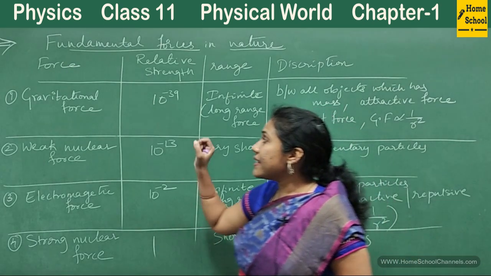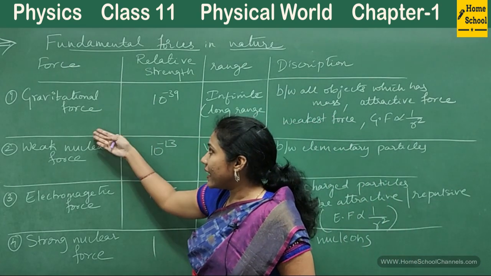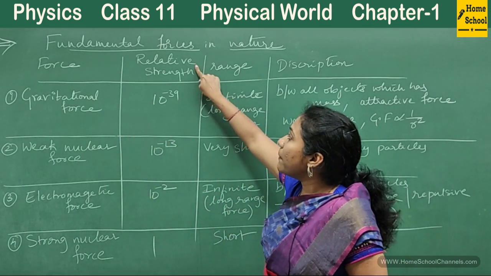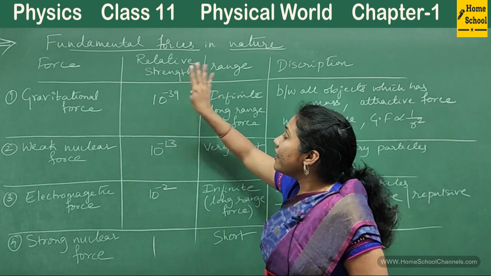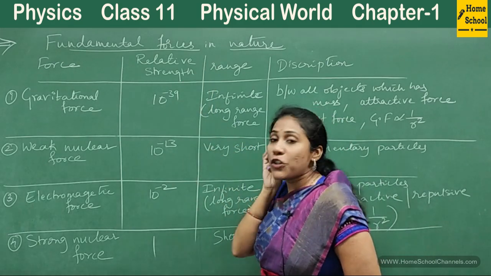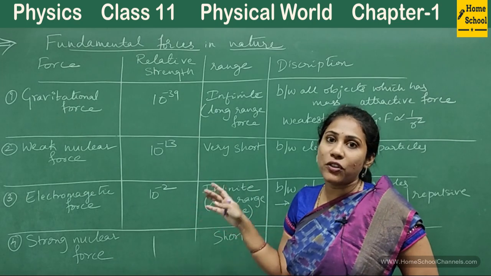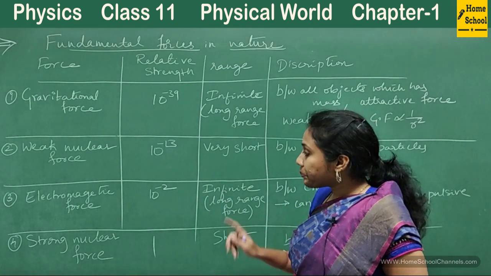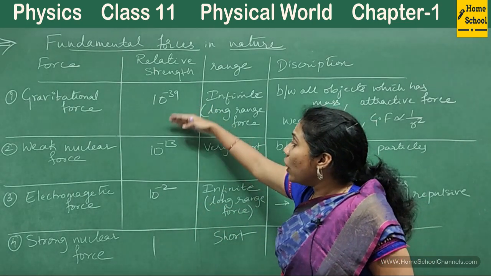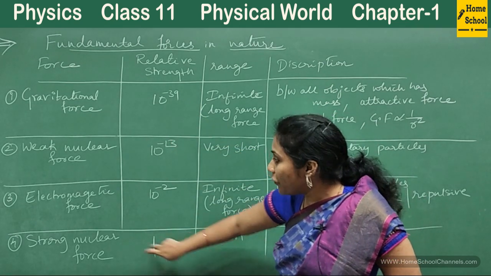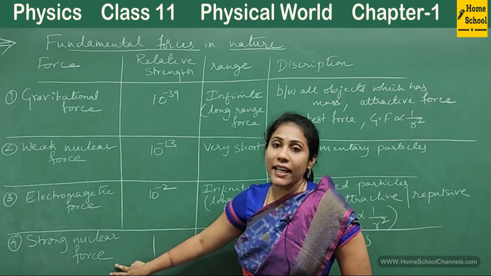So let us understand where we find gravitational force. Here I have a column of relative strength. Relative strength tells you which force is strongest and which force is weakest. You can see among all the forces a value 1 for strong nuclear force, right?